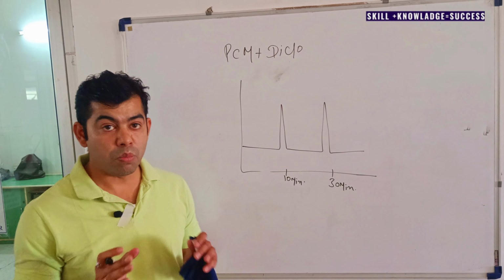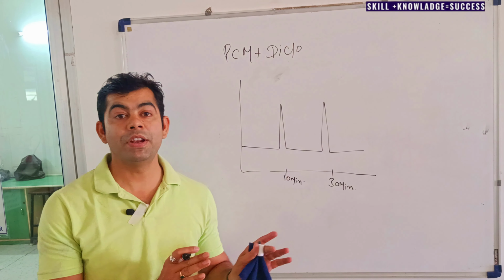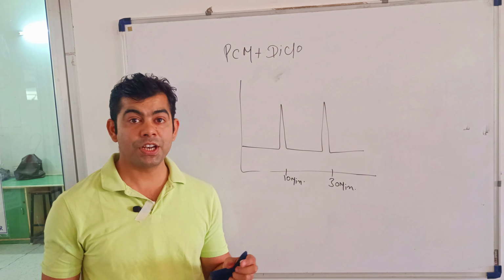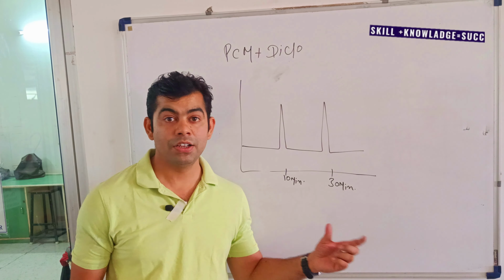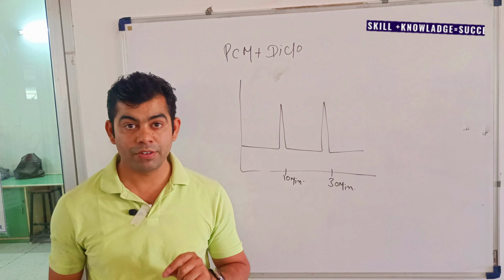So I need both peaks in one graph, with the drugs in combination form. If the paracetamol mobile phase ratio is different and the diclofenac mobile phase ratio is different, we use gradient mode to get both peaks in one graph.